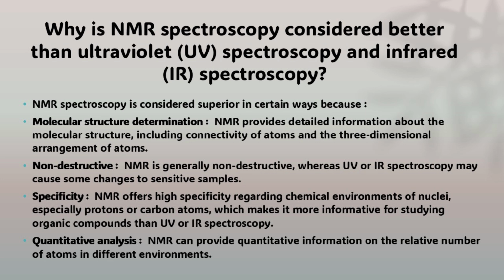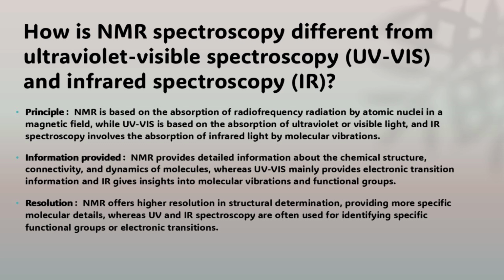Why is NMR spectroscopy considered better than ultraviolet spectroscopy and infrared spectroscopy? The answer to this question is, NMR spectroscopy is considered superior to ultraviolet spectroscopy and infrared spectroscopy due to many reasons. Some of these are as follows.